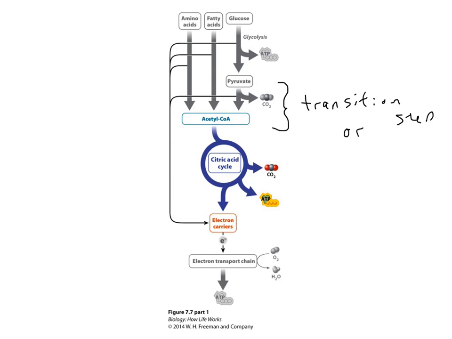You can think of it in either way. The net result is the same thing. The transition step makes sense to me in terms of leaving glycolysis and entering a different cycle, the citric acid cycle, but either way.